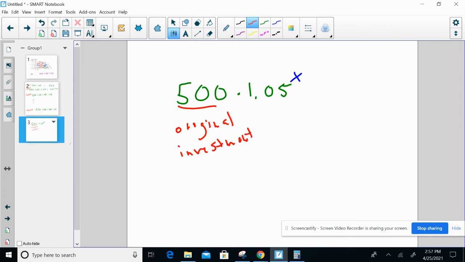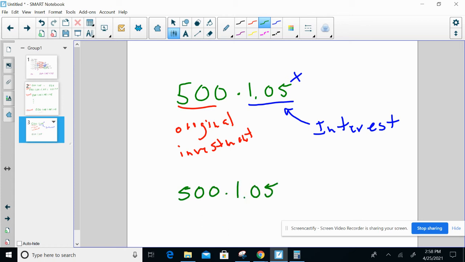All right. This is the interest over X years. So it's the interest over however many years we want. For example, if we wanted to do 3 years, this is what we do. We take 500 times 1.05 up to the power of 3. That's 3 years.